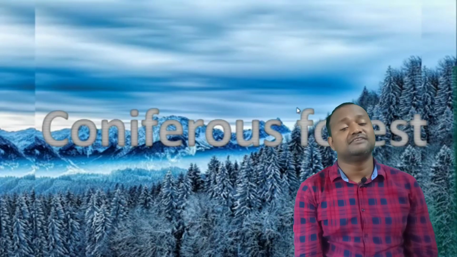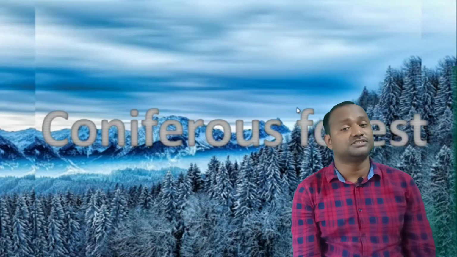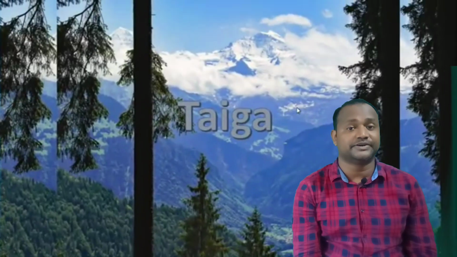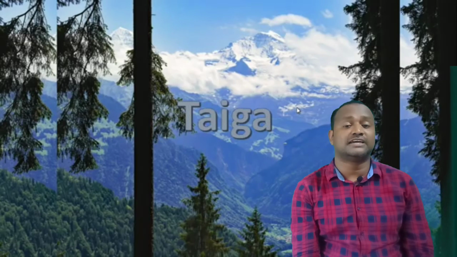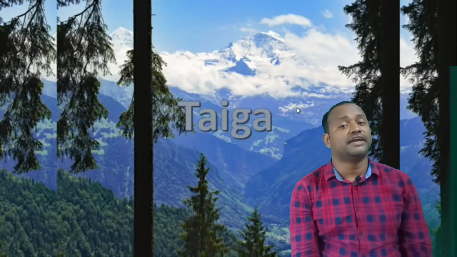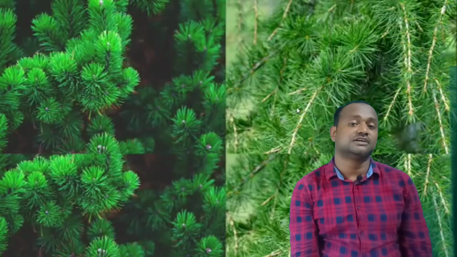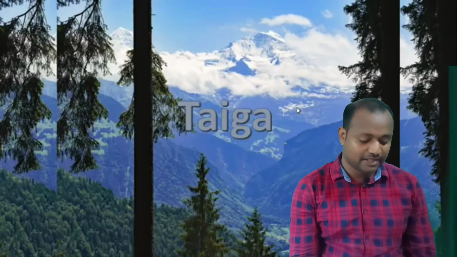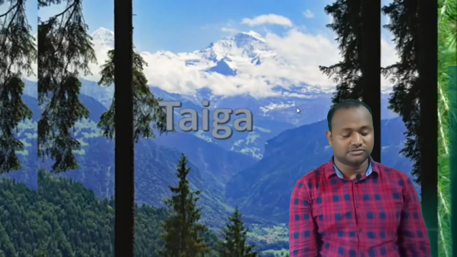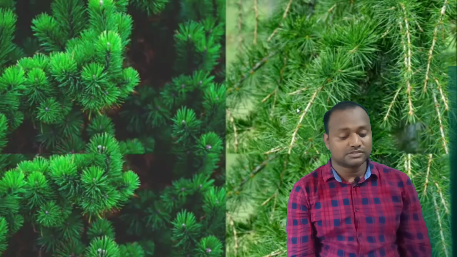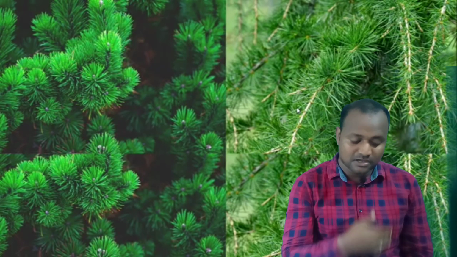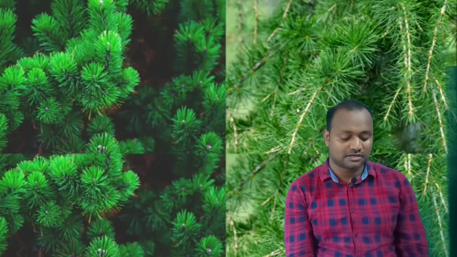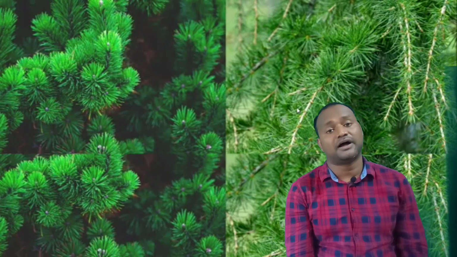They are mostly found in regions where the temperature is low and there is seasonal snowfall. Such trees have leaves that are either needle shaped or have needle-shaped tips. Some of these trees also have scale-shaped leaves. Some examples are spruce, cedar, deodar, hemlock, and pine.